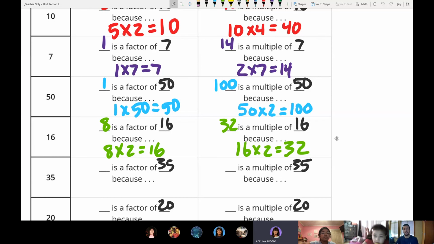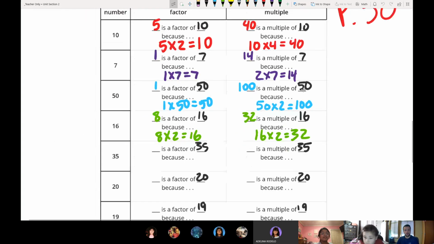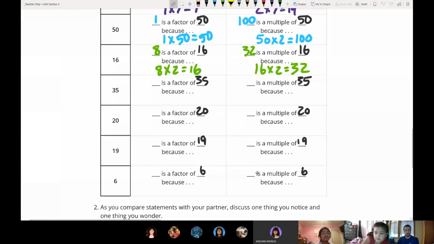Well done. Yeah, that's exactly right. 32 is a multiple of 16 because if you skip count by 16 2 times, then, well, I guess skip count just one extra time, but have 2 16s added together, we get 32. So 32 is a multiple. Nice job, Adelina.